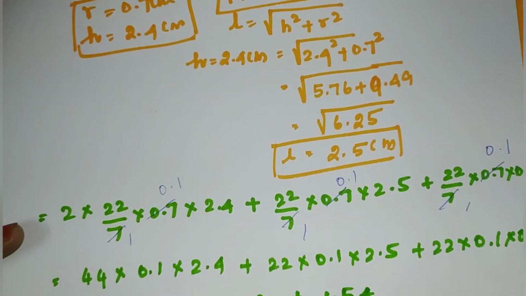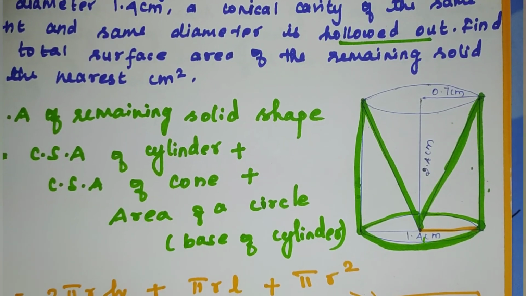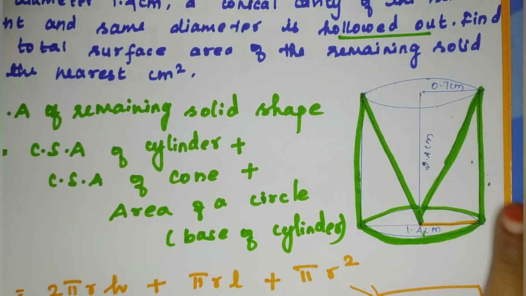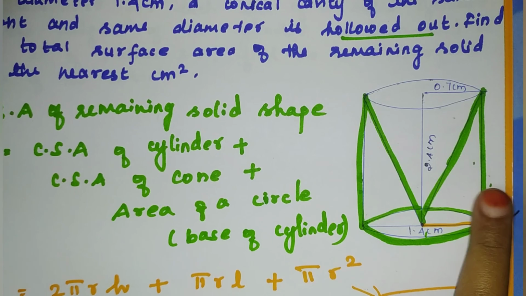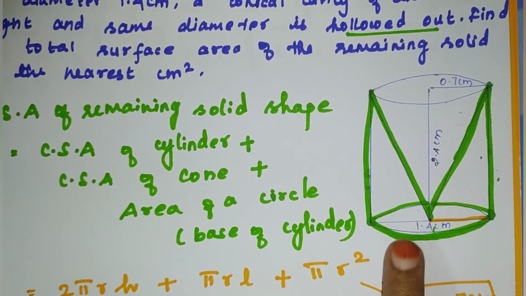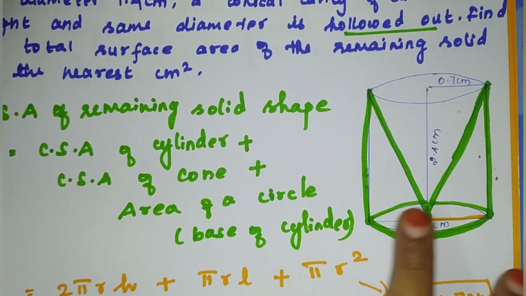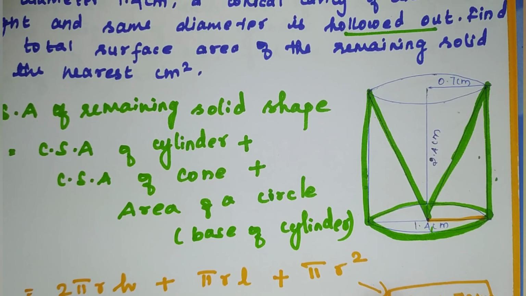So the total surface area of the remaining solid is equal to curved surface area of a cylinder plus curved surface area of a cone plus the area of the circle, the base of the cylinder. Are you all clear, children?